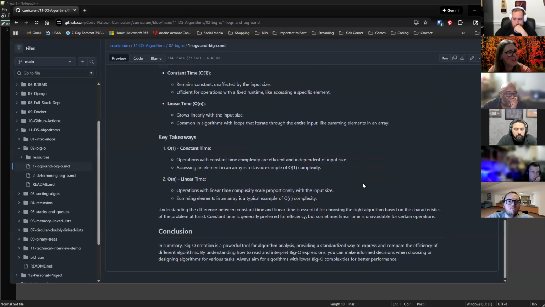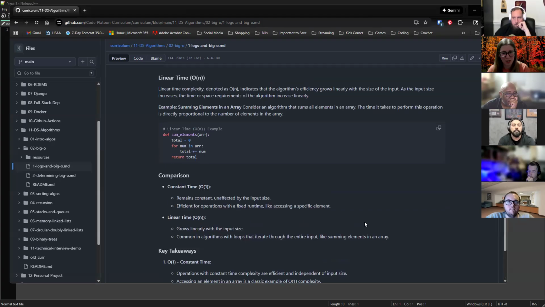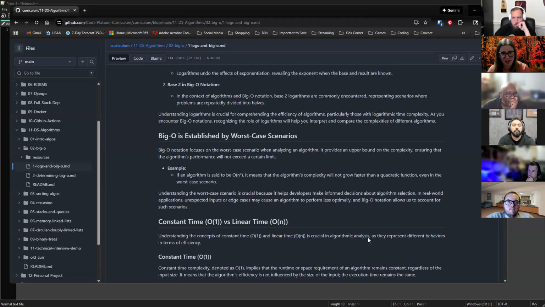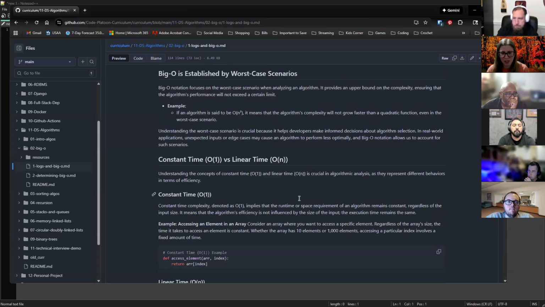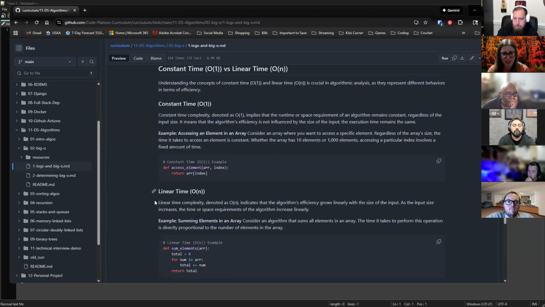So like I said, super short lecture today, just very minimally introducing these concepts and scratching the surface of logarithms and O notation. I know it was super short and sweet, but does anybody have questions on these two concepts? And specifically this constant versus linear O notation, or any questions about why we're even doing this?